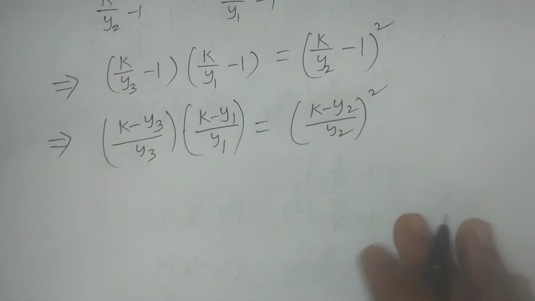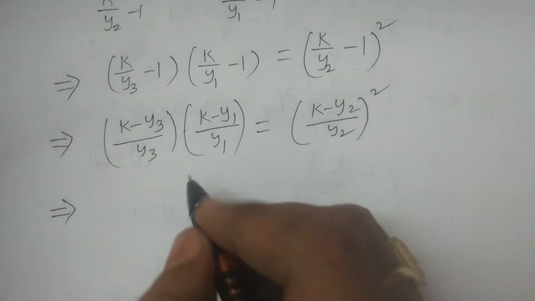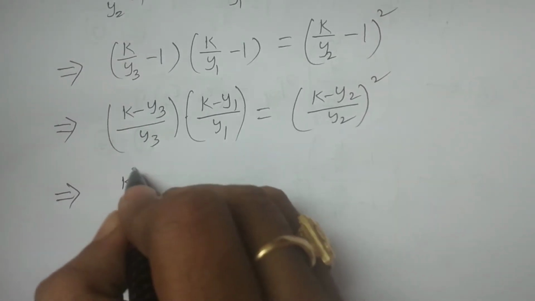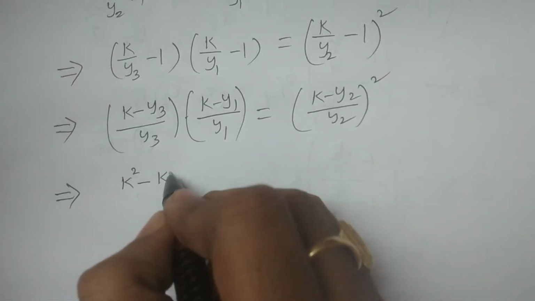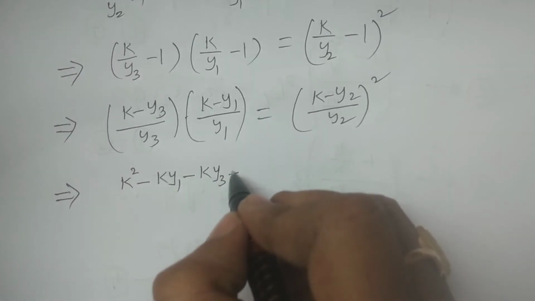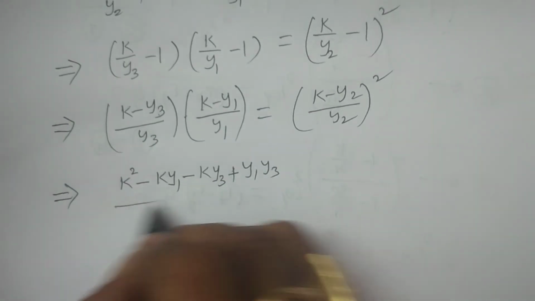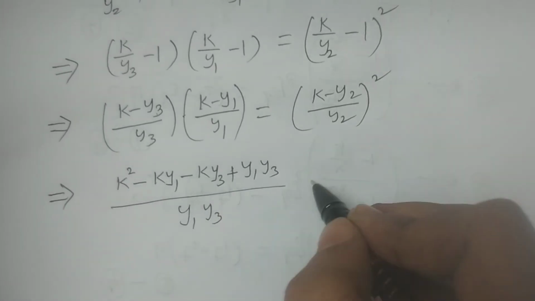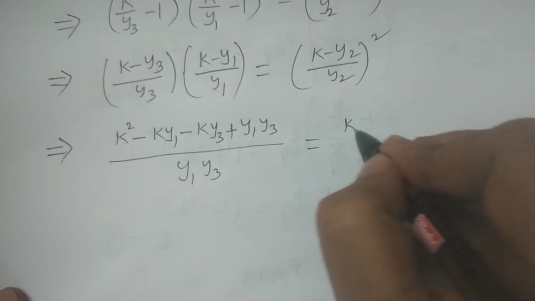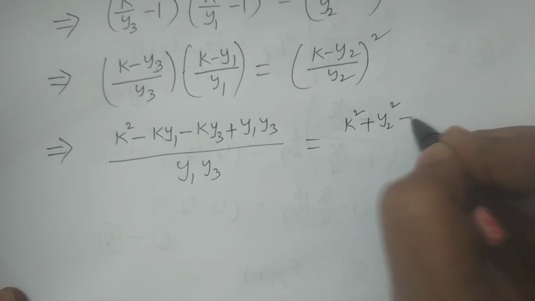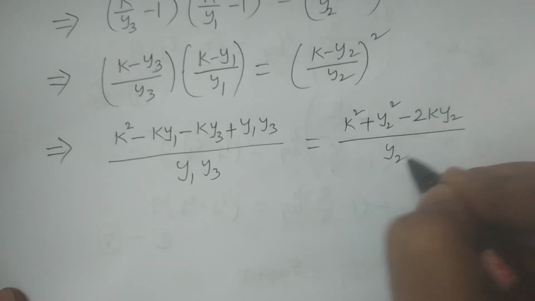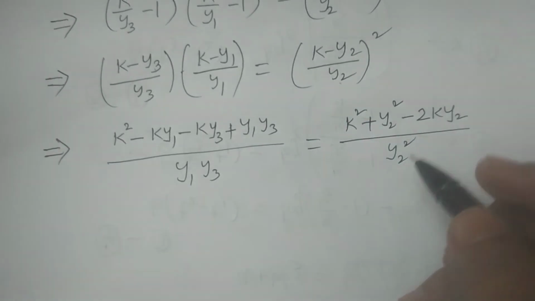Again simplifying, k multiplied by k is k square minus ky1 minus ky3 plus y1 y3, divided by y1 y3, is equal to, squaring, k square plus y2 square minus 2k y2 divided by y2 square. So these are the values.